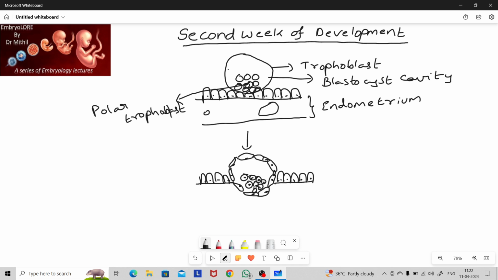So this is the erosion, and here this outer layer is becoming rapidly dividing and forming a multinucleated mass, which is called the syncytiotrophoblast. And in the further stage, this grows.